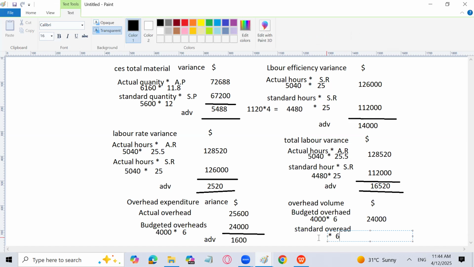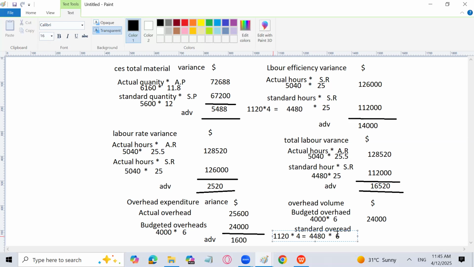But how will we calculate standard hours? We have already calculated it in labor efficiency variance also: 1120 units are produced, and for each unit, the hours per unit according to the standard is 4. So the standard hours are 4480.